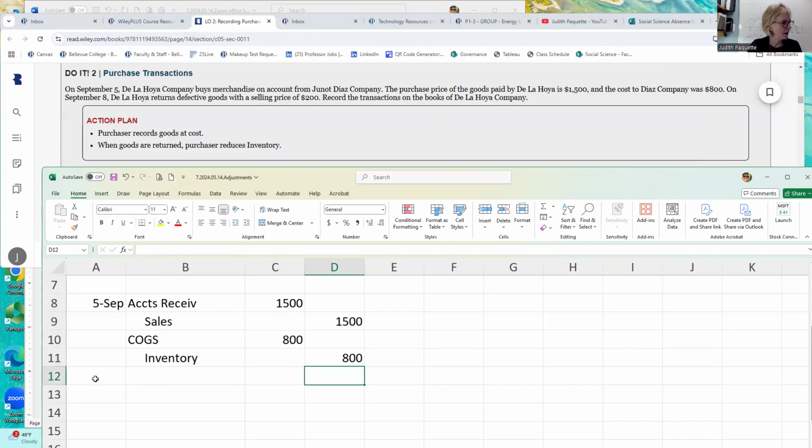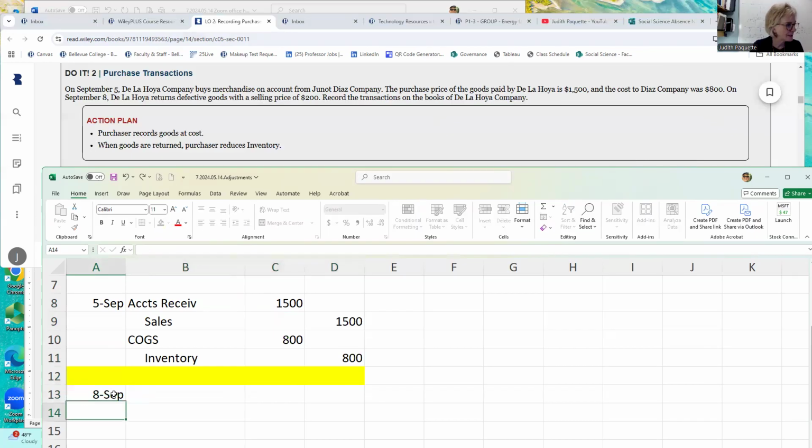Now we have the return to book. You're going to see this is almost a mirror image of what we just did, but we're not going to debit sales. So make sure you debit sales returns and allowances. Our return was 200. Sales returns and allowances and accounts receivable, 200 and 200.